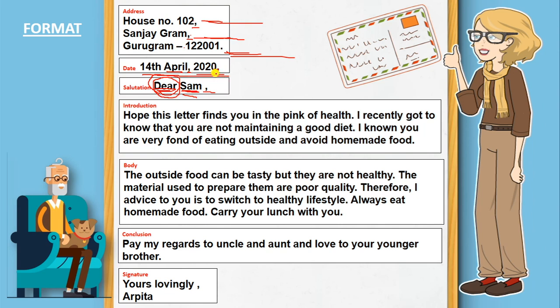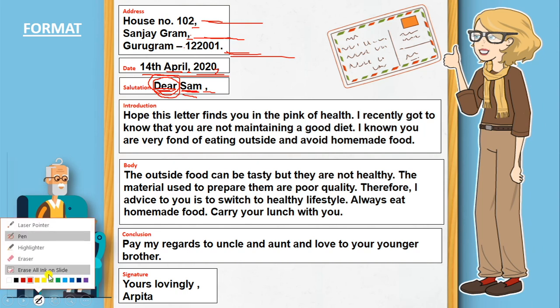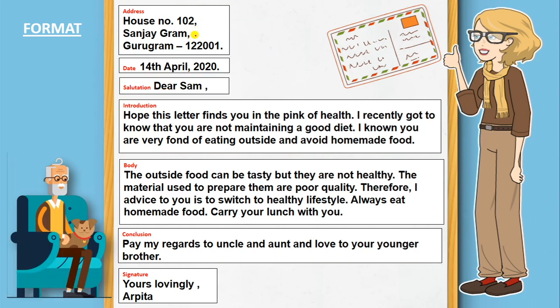These are very important points. Marks are deducted on these punctuation marks. So make sure that you pay attention to these punctuation marks. Okay, house number, comma, place, comma, and then the area and pin code and full stop.